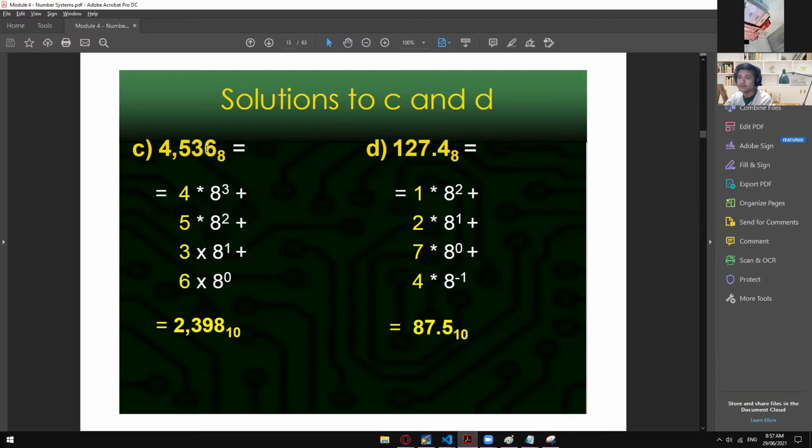Starting from here, of course, start with 0, incrementing by 1. Then just add everything. Just recheck this later using your calculator, but for now just see the logic on how we got this 2398.